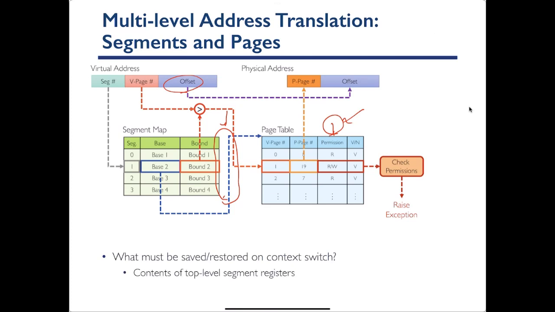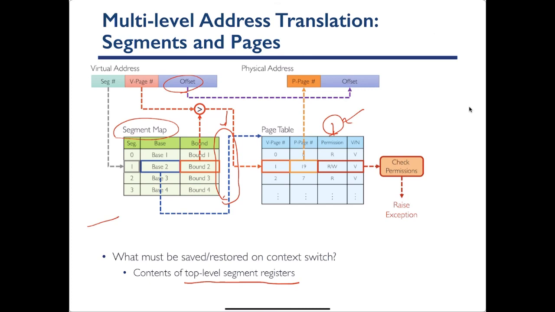So what do we need to save in this particular design if we context switch? Well, we need to save the content of both of these two. Depending on how you implement it, for example in x86, this segment map has its own registers, so you just need to save the registers in this segment map.